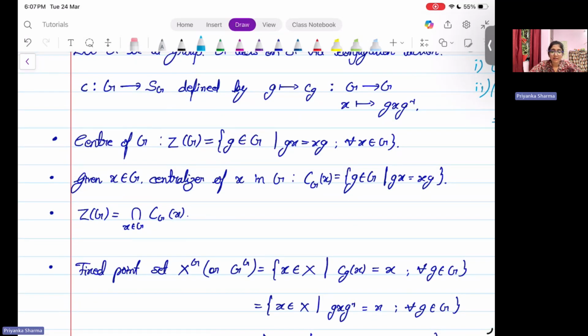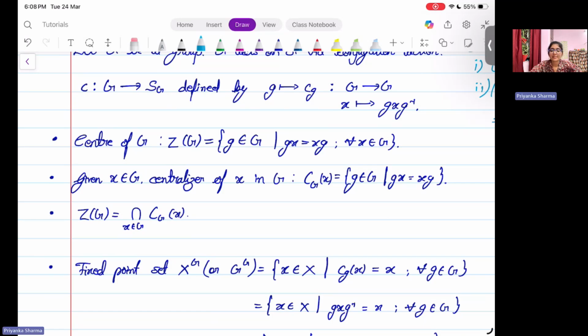Now, how do we define the centralizer of any element x in G? For a fixed x belonging to G, the centralizer of x in G, denoted C_G(x), is the set of all g belonging to G such that gx is the same as xg.